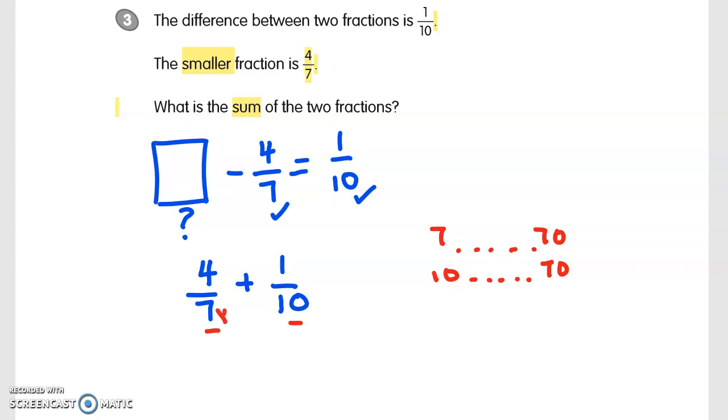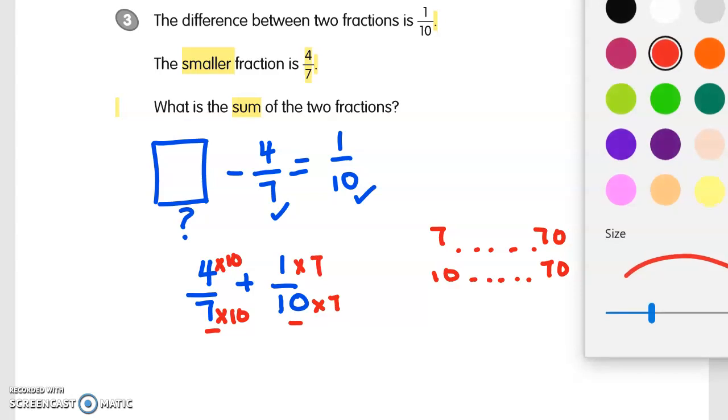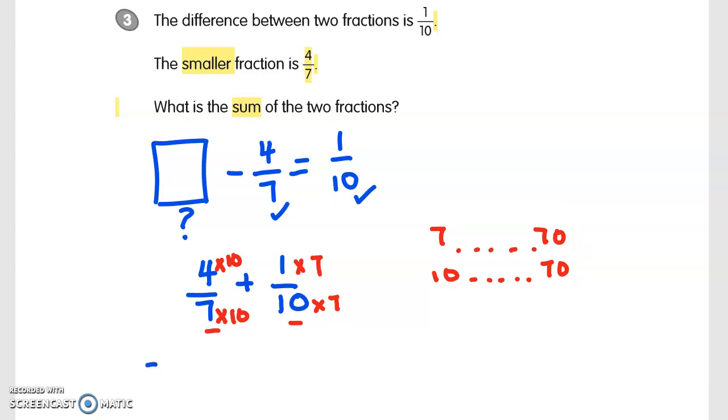So I need to multiply here by 10 to get 70, so the numerator must also multiply by 10. For this fraction, I need to multiply by 7 to get 70, so the numerator, I also need to multiply by 7. Next step, 4 out of 7, you will get 40 out of 70.